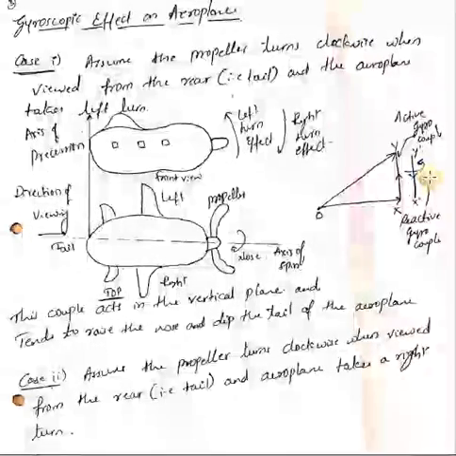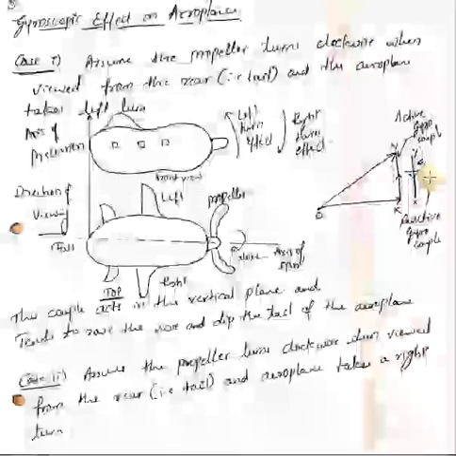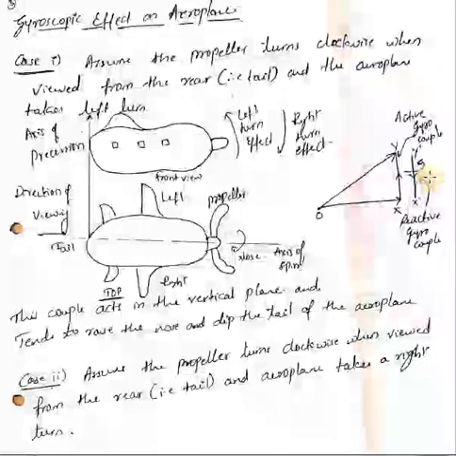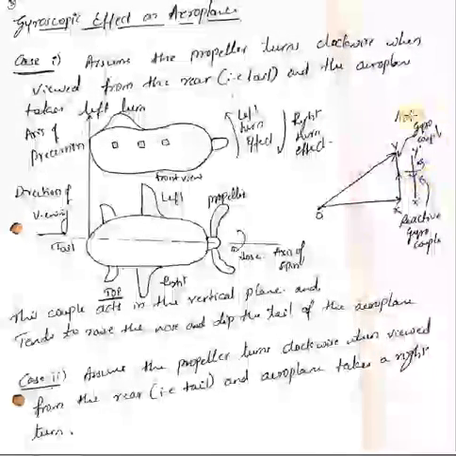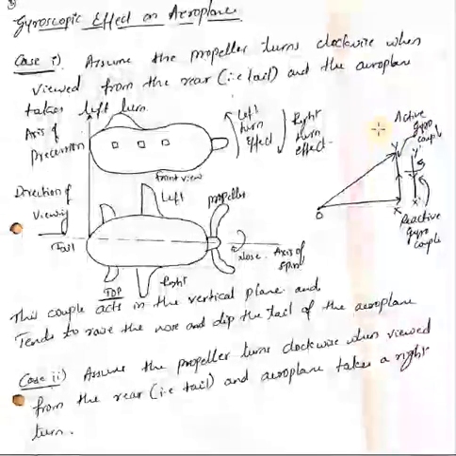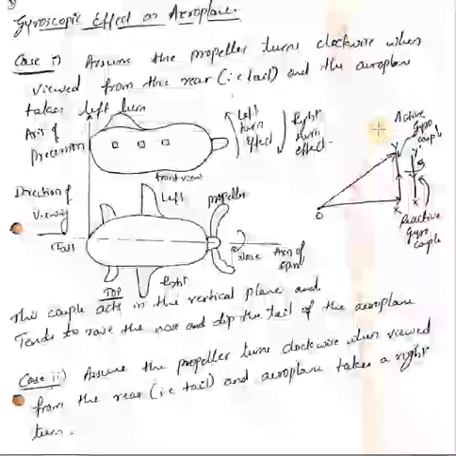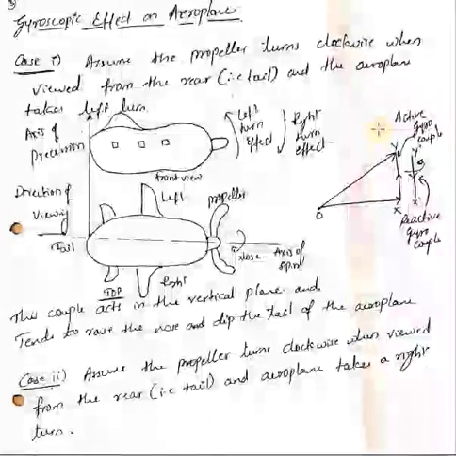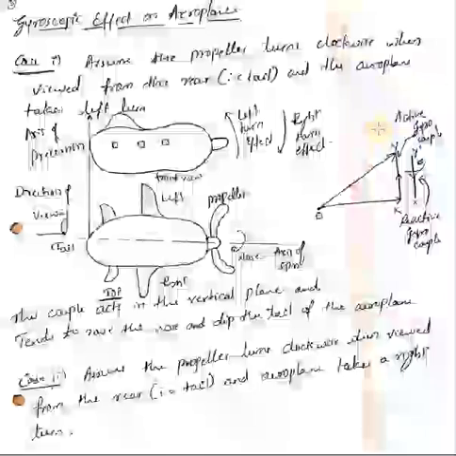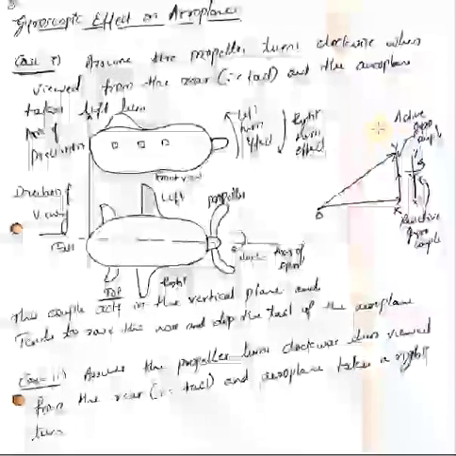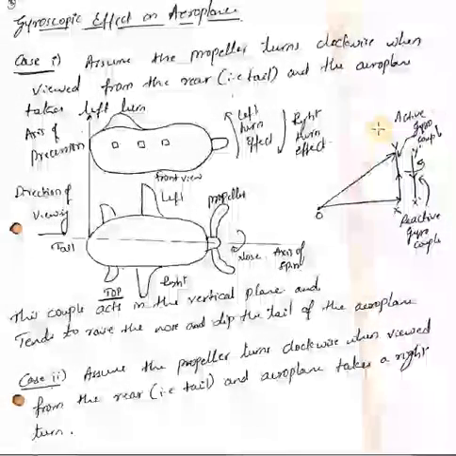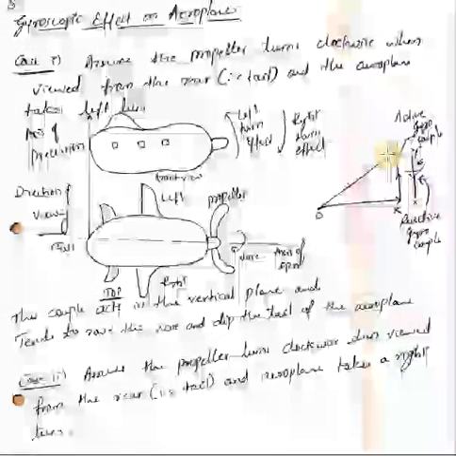So this couple acts in the vertical plane and it tends to raise the nose and dip the tail of the aeroplane. So the initial condition was the propeller turning clockwise when viewed from the tail, that is from the rear, and the aeroplane taking a left turn. So that time the effect will be that it will raise the nose and dip the tail.